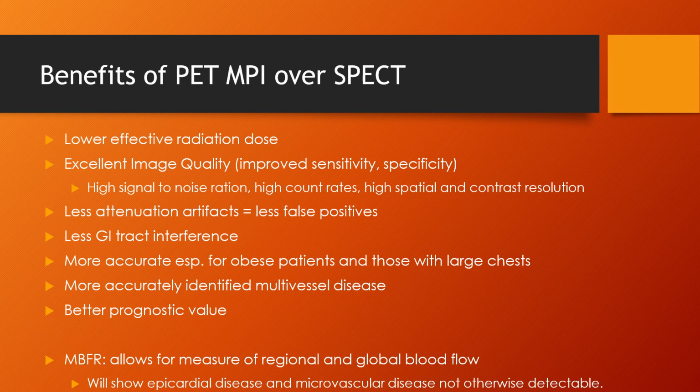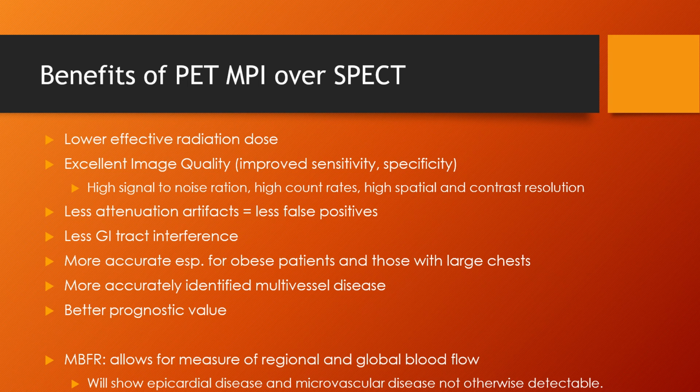Some of the benefits of PET MPI over SPECT imaging include lower effective radiation dose and excellent image quality. PET has improved sensitivity and specificity for coronary artery disease, a high signal-to-noise ratio, high count rates, high spatial resolution, and contrast resolution.